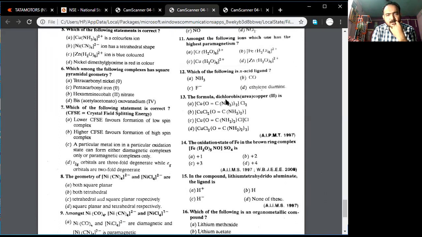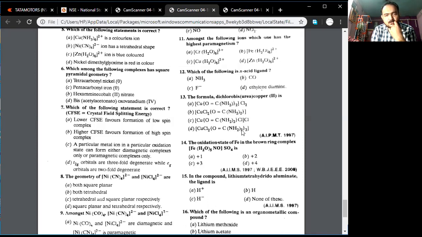The formula of dichlorido-bis-urea copper(II). In my lecture number 5, I solved some IUPAC naming. Now you see here, this is the formula of urea, (CONH2)2.